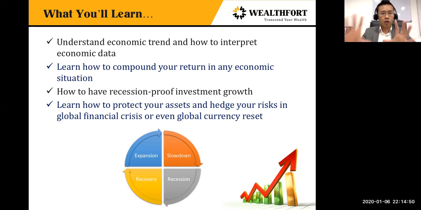So we will talk about how you can strategize in an economic slowdown, in an economic recession, what portfolio you should go to in the economic recovery, and what kind of stocks or sector you should go to when it comes to economic expansion. So we will cover investing strategy and trading strategy in 4 different economic situations.